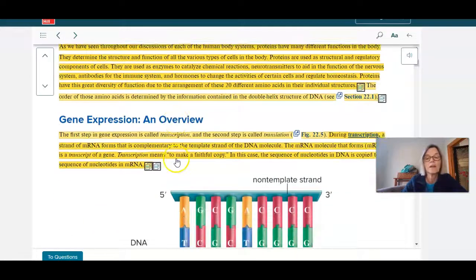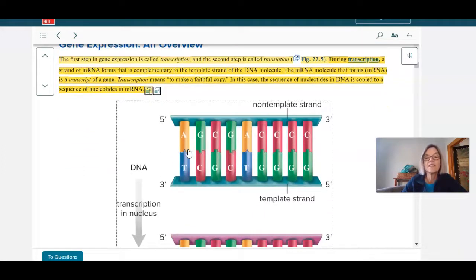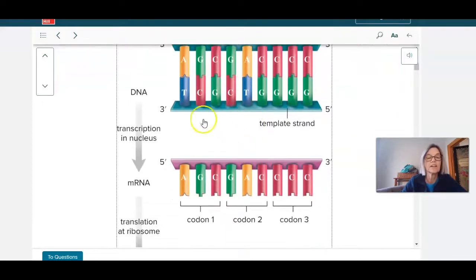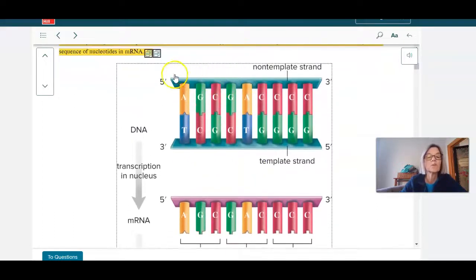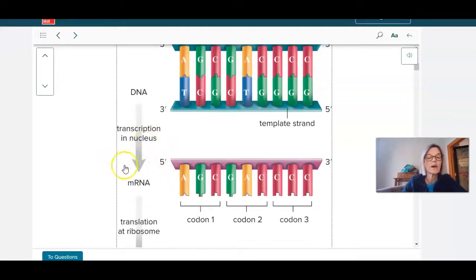I want to jump ahead and talk about gene expression. Gene expression is the process by which you use DNA to make RNA. Oh, here's this picture right here. This is gene expression. We use a DNA molecule, and that is transcribed in the nucleus to make a molecule of RNA, and in this example, most of the time it's messenger RNA.